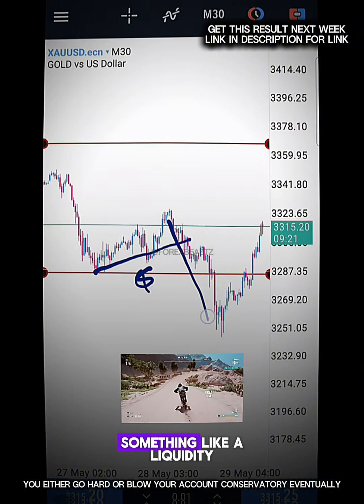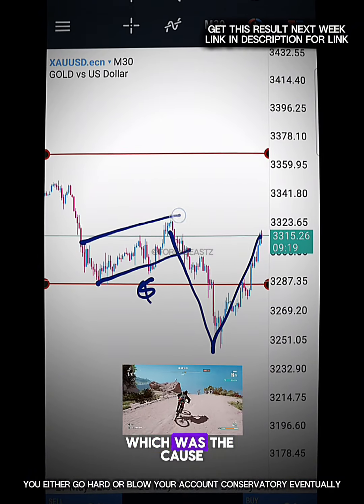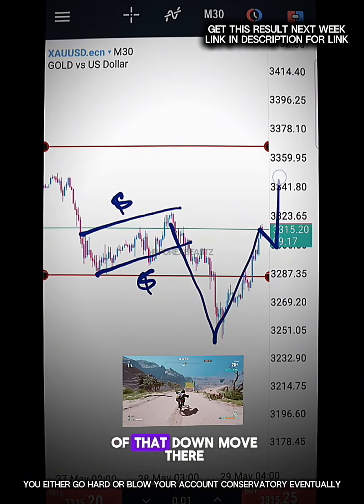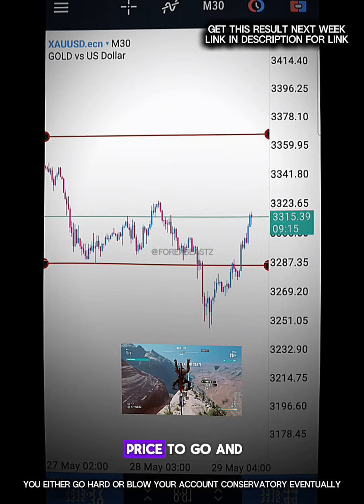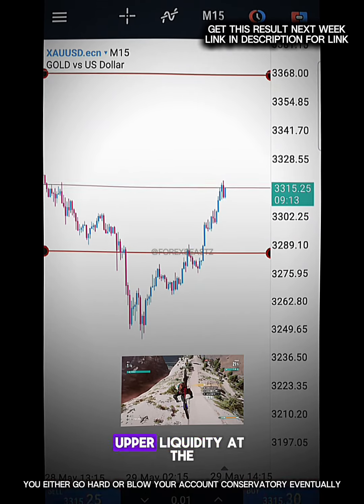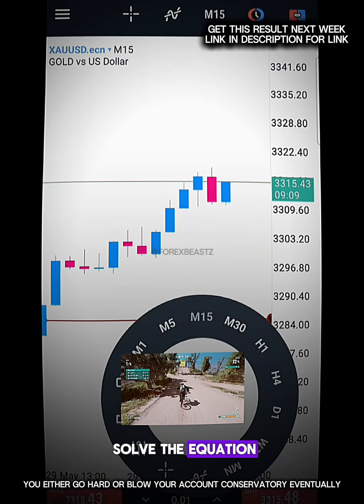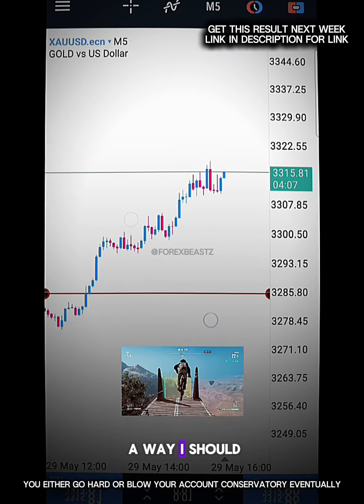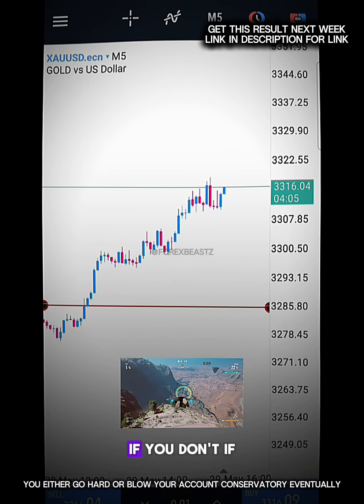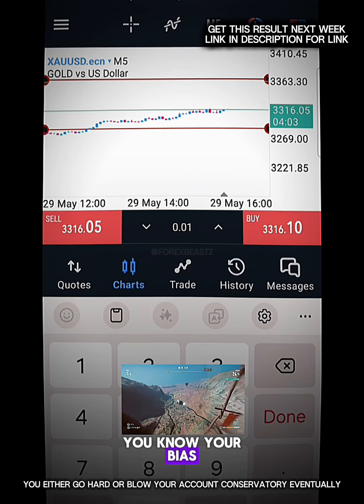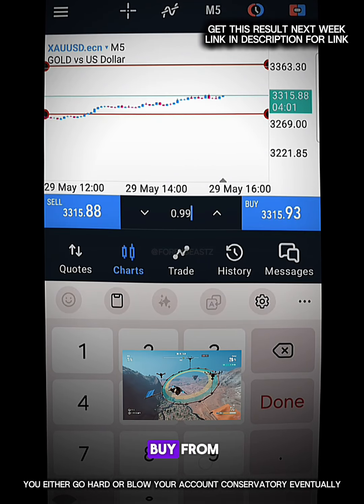And then I saw something like a liquidity, which was the cause of that down move there. So I was expecting price to go and take out the upper liquidity at the top there, but that doesn't still solve the equation, because I'm looking for where I should buy from. If you know your buyers and you don't know the right place to buy from, you are done.